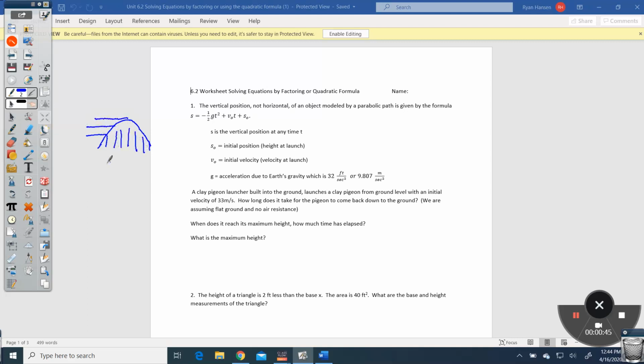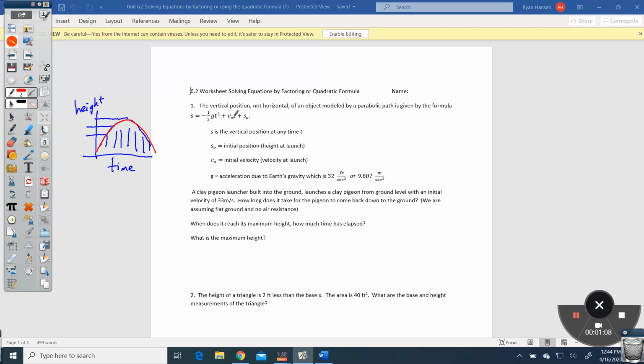The time is down here on this axis, and the height is up here. So this formula will give us, anywhere along this path, the height of this projectile based on the time that we have. So that's what this is.